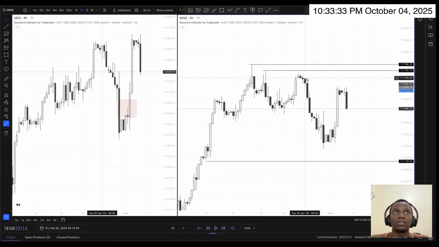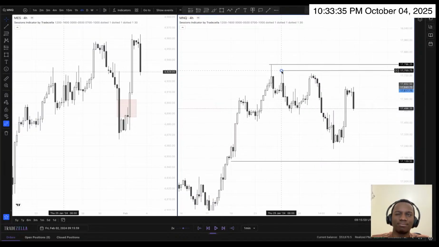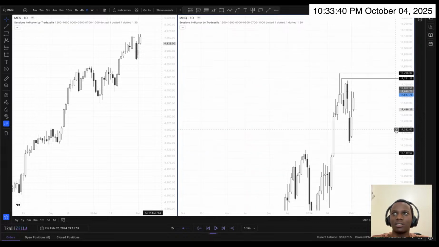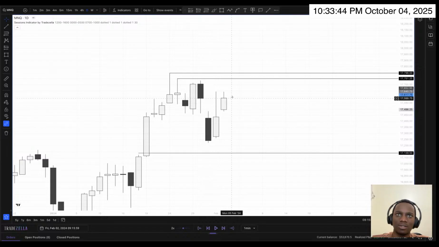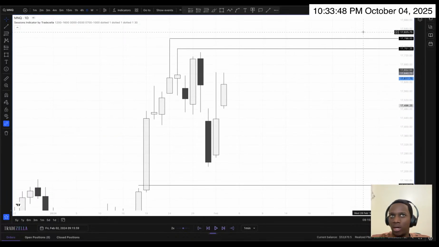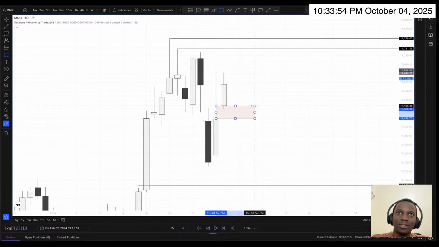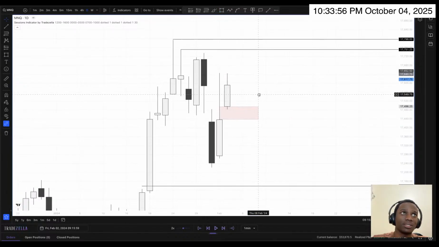So the big gap on the higher time frame is not as it looks. Look at how it's looking. I have this huge wick, which shows that we could potentially drop. We never know. But now look at this gap. I don't know why this gap keeps showing.